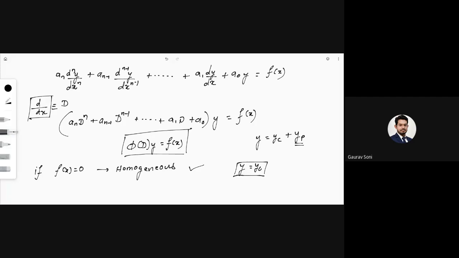Okay, so to understand how to get the solution for a homogeneous linear differential equation, we have certain rules that we will follow, and in that way I can find the solution for the differential equation.